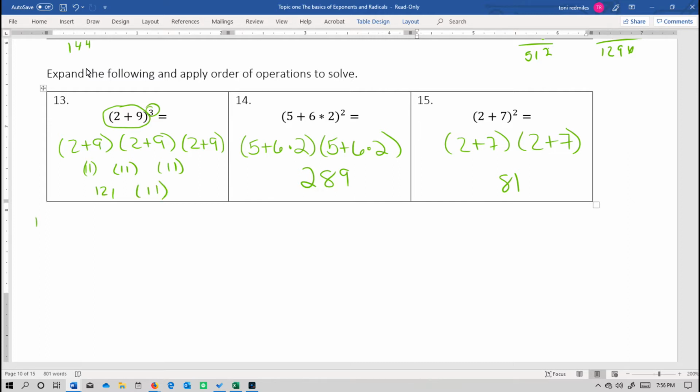Times another 11. Let's go ahead and do that math. 1 times 1 is 1, 1 times 2 is 2, 1 times 1 is 1. It's not going to change anything for the second. And it comes out to 1,331.